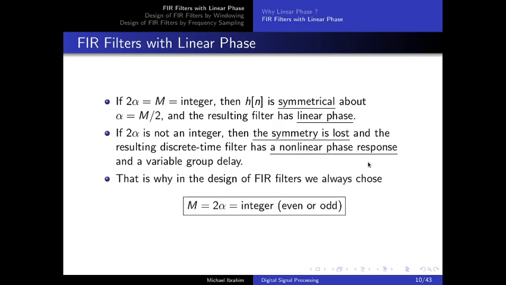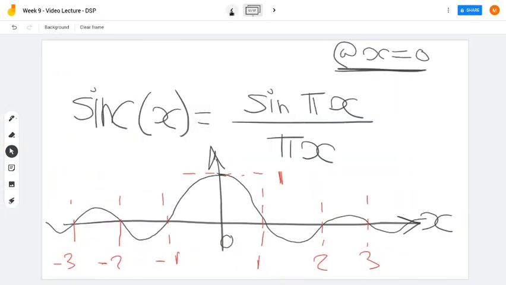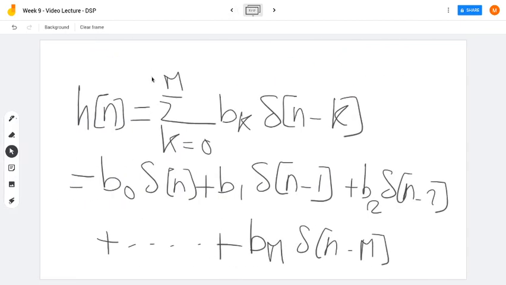So, to wrap things up, m should be equal to 2 alpha, and it should be chosen to be an integer. So what's m? M is the time index of the last sample in the impulse response. The impulse response will start at n equal to 0, and end at n equal to m. If you go back to this LCCDE we had over here, this is m.